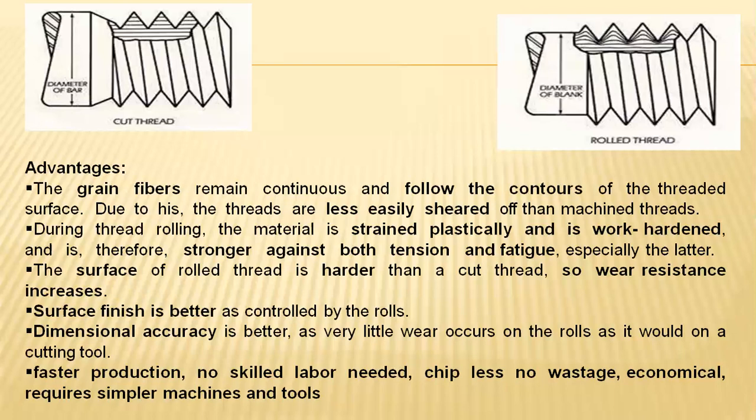Another advantage is that surface finishing is very much better as it is controlled by the rolling process. Even the dimensional accuracy is also better as very little wear occurs on the rolls, as compared to the cutting tool. Basically, it is faster in production.